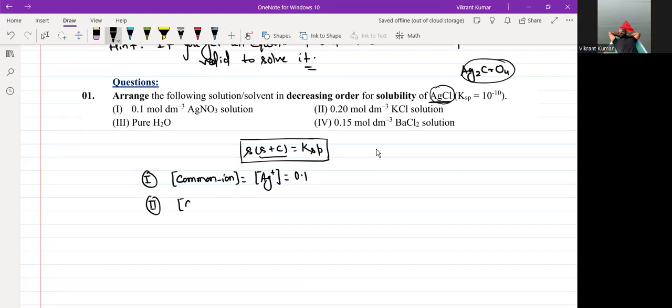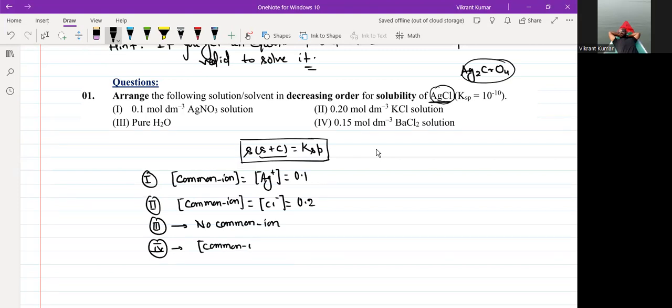Second case में, if I talk about concentration of common ion, that is nothing but Cl minus, and that is 0.2. Third case में, there is no common ion because you are having pure water. And fourth case में, the common ion is again Cl minus, and that will be how much? बताओ जरा.